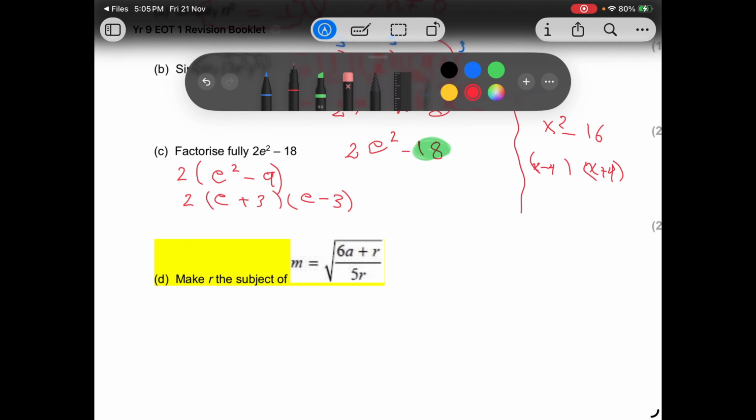Okay guys, let us first understand the meaning of making R the subject. Making R the subject means I need R equals something, regardless of what that something is. In very simple language, I need R alone. I need R equals.